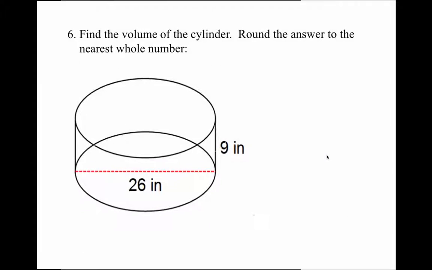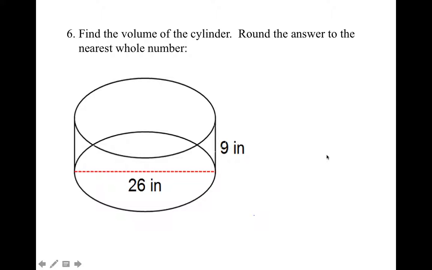All right, let's look at the next one. Very similar to the last one. This is one that I'll ask you to do on your own. But please understand that right here, this 26 represents the diameter. Since it represents the diameter, that means that we have to find the radius.